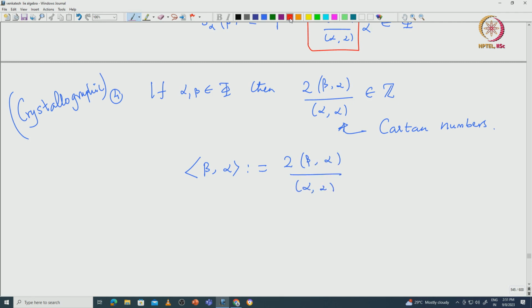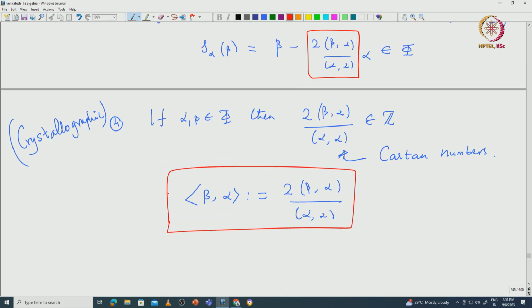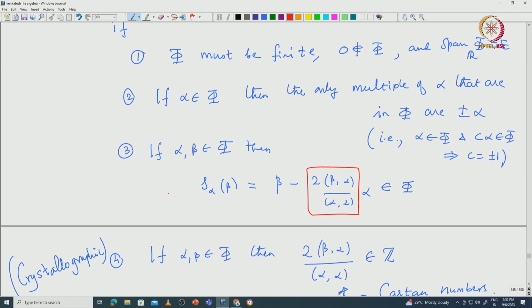In general, the condition that the only multiples of alpha in phi are plus or minus alpha is naturally motivated by the roots coming from semi-simple algebras. This condition will be called the reduced condition.